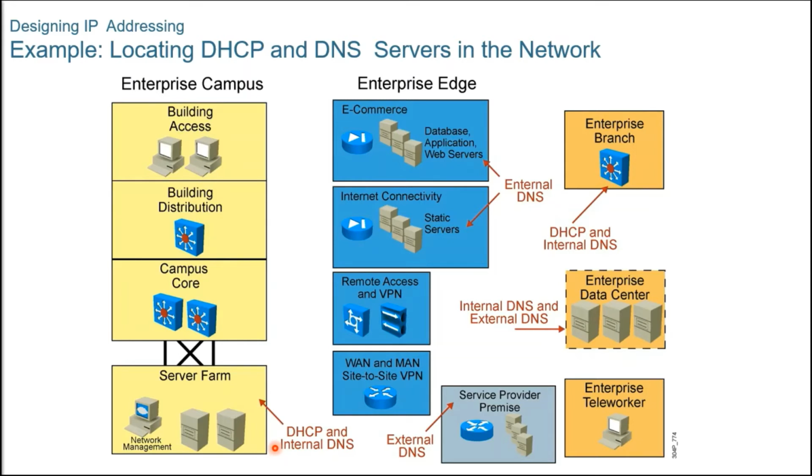For the remote location, routers can provide DHCP and DNS at the enterprise edge. External DNS servers should be redundant, for example, at 2 service provider facilities, or 1 at a service provider facility and 1 in a demilitarized zone, or DMZ, at the enterprise campus or remote data center.